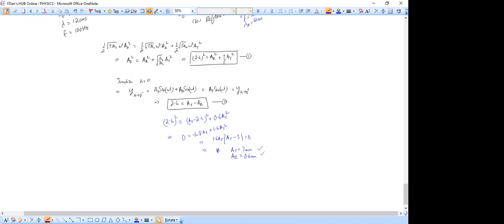No, so Ganesh, see, what we are doing is, if we write the incident wave as A naught sine omega t minus kx, then we'll write the reflected wave as A reflected sine omega t plus kx plus some phi, let's say.